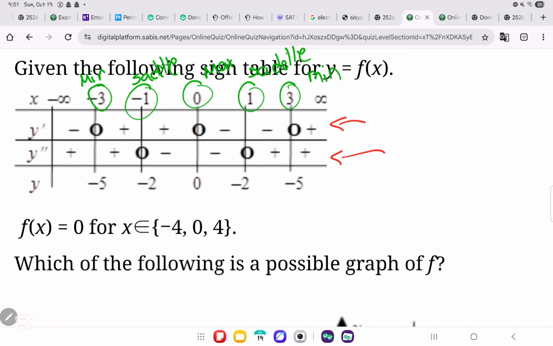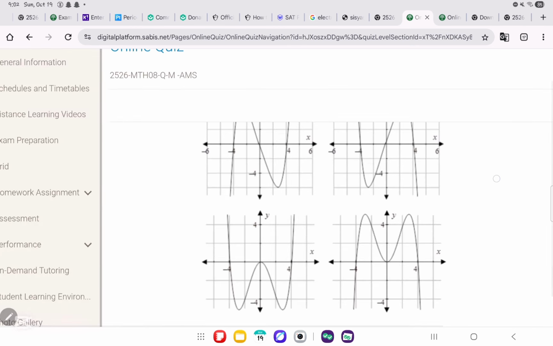What can we tell from the second derivative? We can tell that minus 1 is an inflection point, and 1 is also an inflection point. So, based on all of this information, let us go down and see.